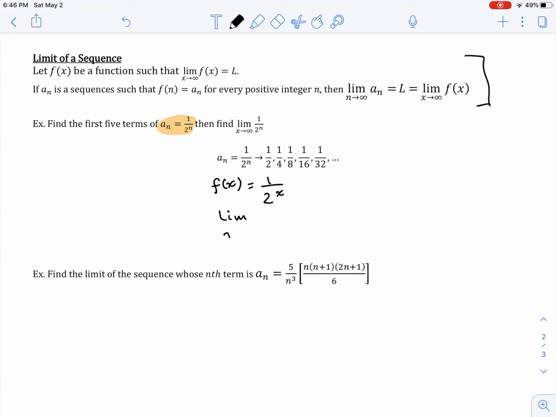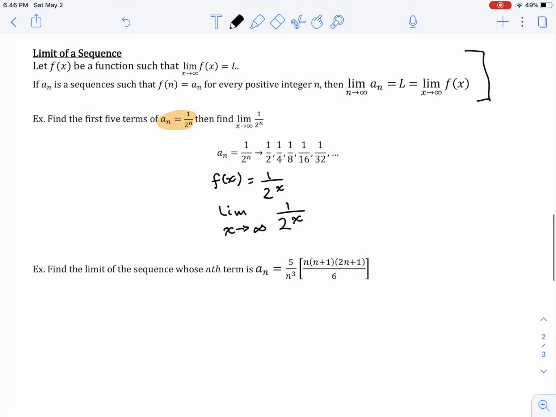Well, think about this. What is the limit of this function as x approaches infinity? Since we just talked about limits at infinity, what's going on here? As x approaches infinity, think about what's going on with our denominator. Our denominator is going to be huge.